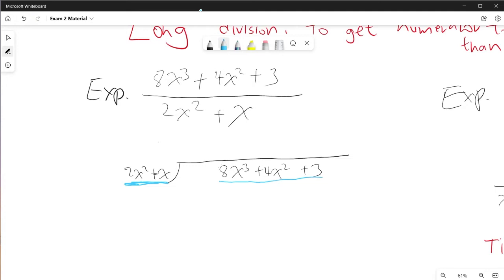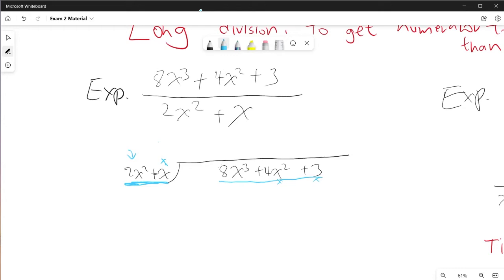Then I ask, what is the highest power that I need to fit into x to the third? I'm just worried about the highest power of the divisor and the highest power of the numerator.